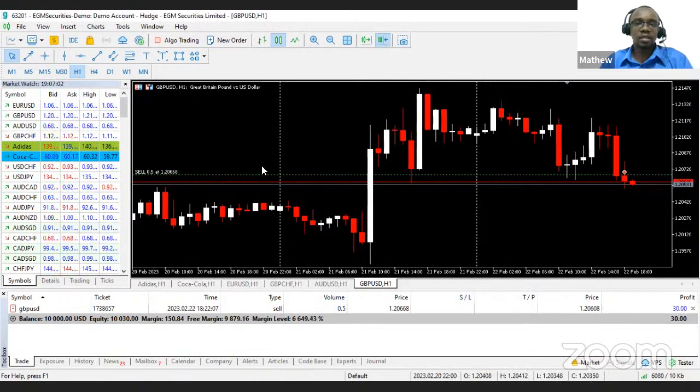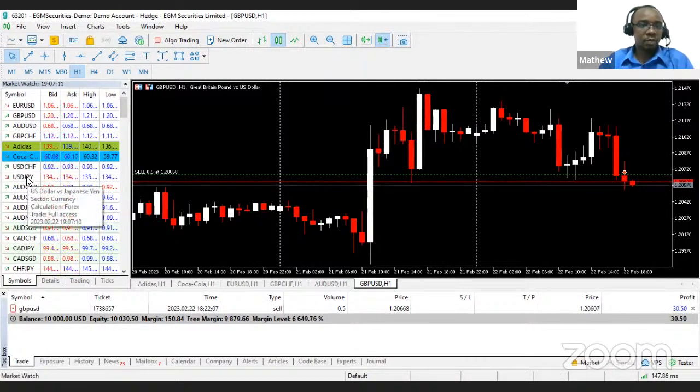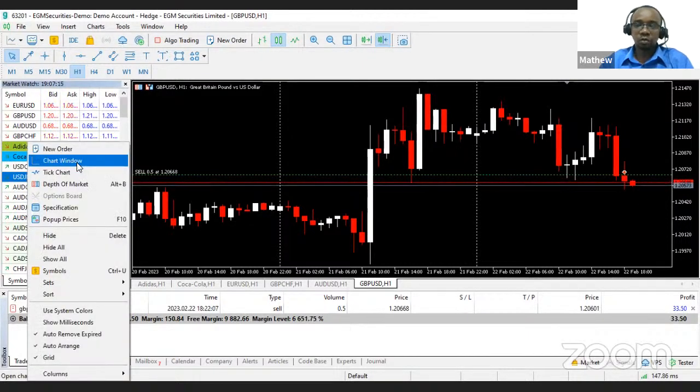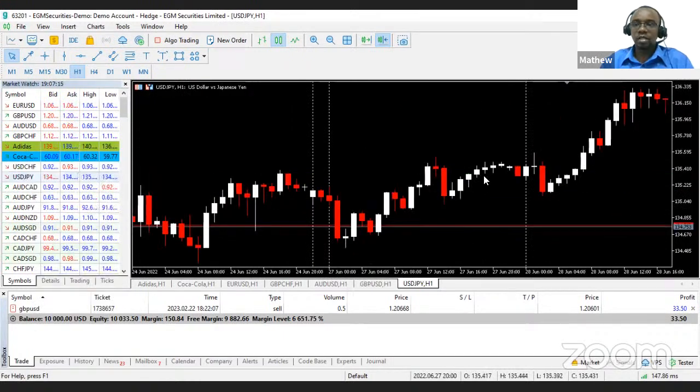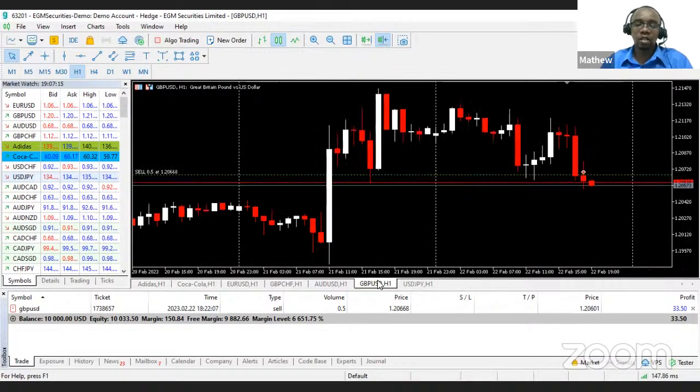So what happens is, let's assume you want to open USD JPY. You just click the asset, say chart window. As you can see, we've opened the chart window on USD JPY, and it has opened using the default setup we have created here with GBP USD.